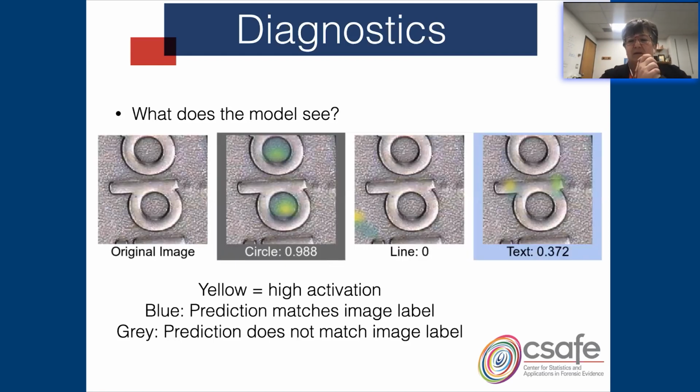So what else does the model see? The model sees a circle, 98.988. That's a really high activation out of 1. So activations are between 0 and 1. So circle is highly activated in this case, and you can see in the activation, the yellow is a circle. So the model is right.